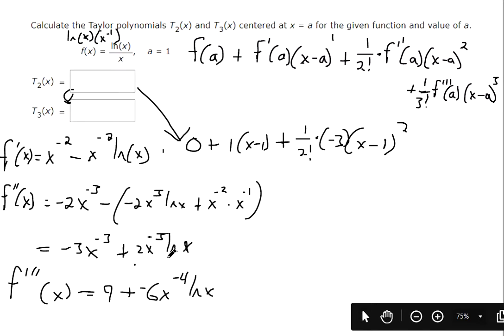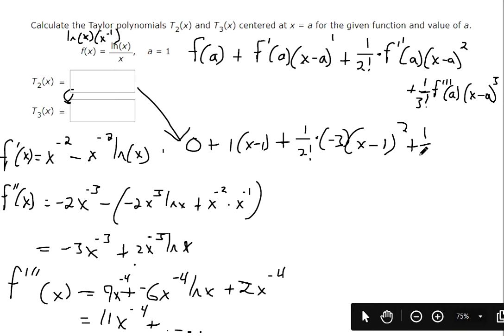The derivative of the first, with the second kept the same, plus the derivative of the second, which makes x to the negative first. So these can combine, and it gives us 11x to the negative 4th. If you plug in 1, you're going to get 11.